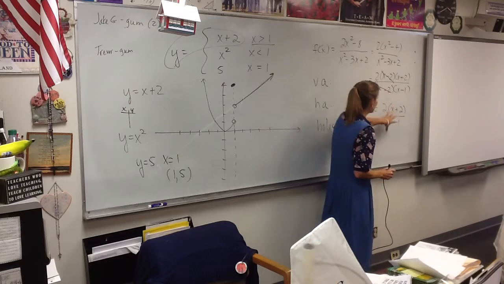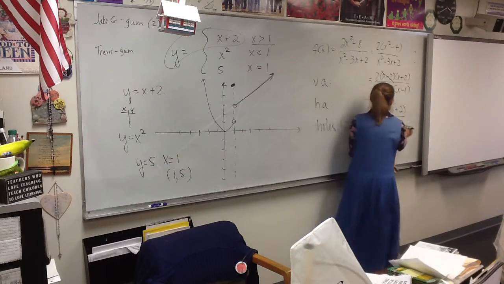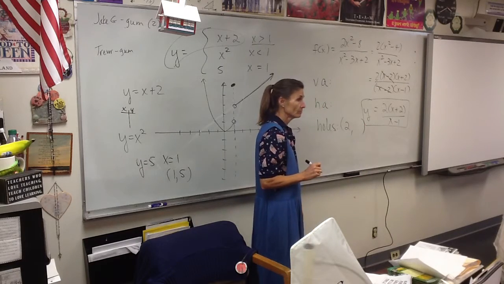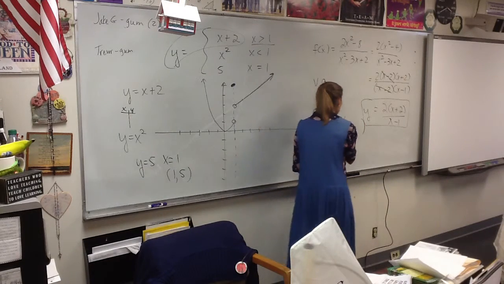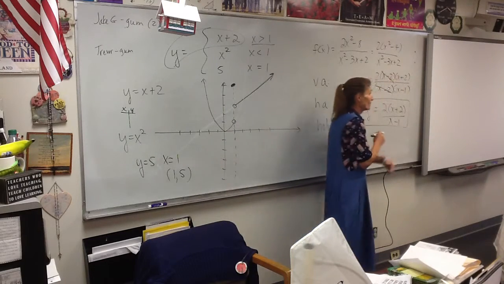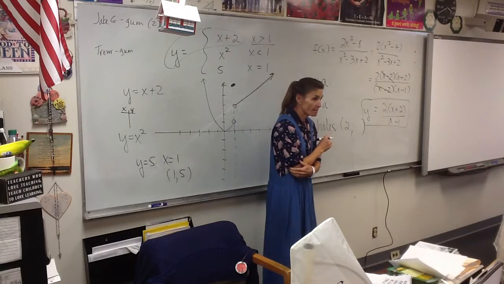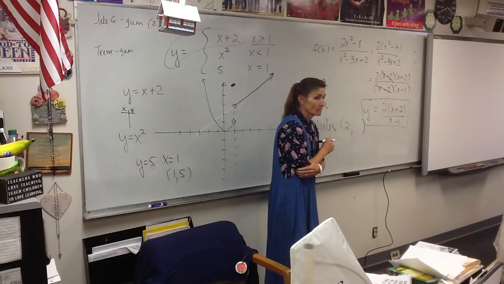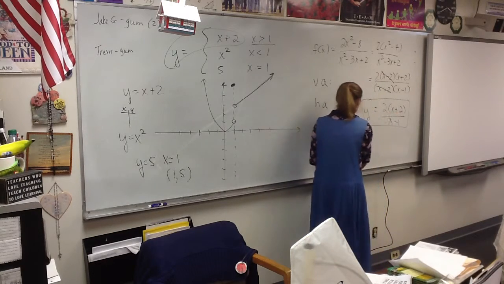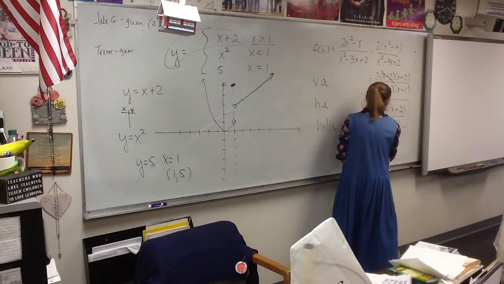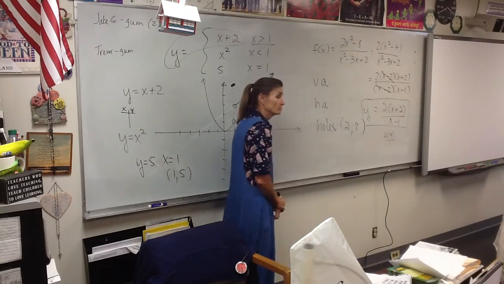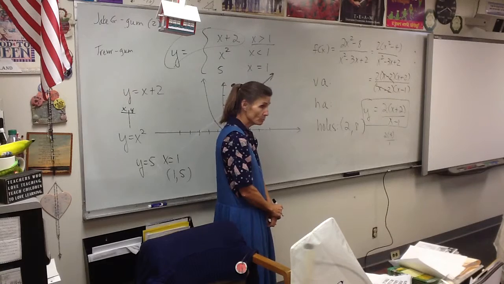This is what we ultimately end up with when we take out the factor that cancels. So I know that x is 2, because that's what canceled out. How do I find my y? I plug it in. And when I plug in 2, I'm plugging in my x, I have 2 times 4 over 1. I got 8. Put in 2.